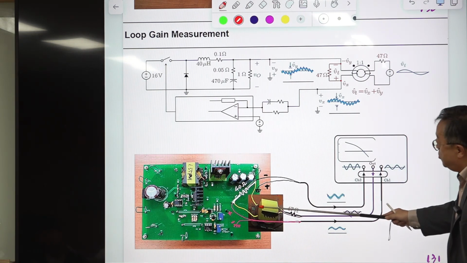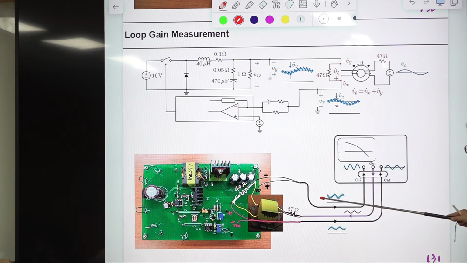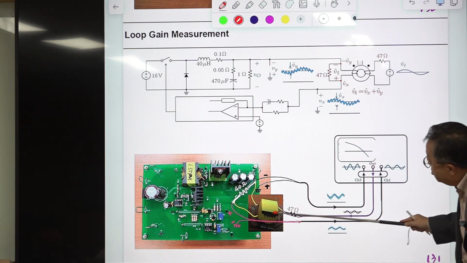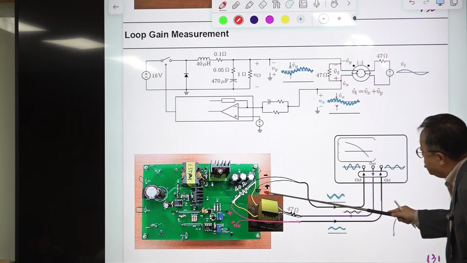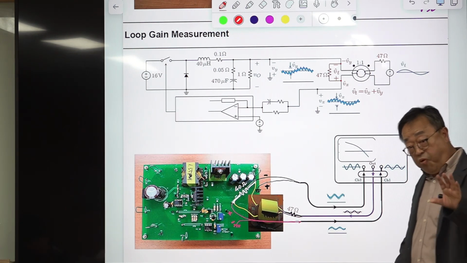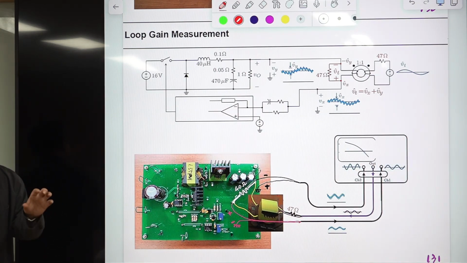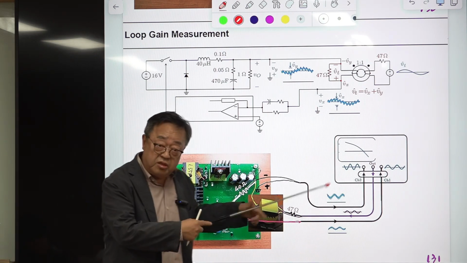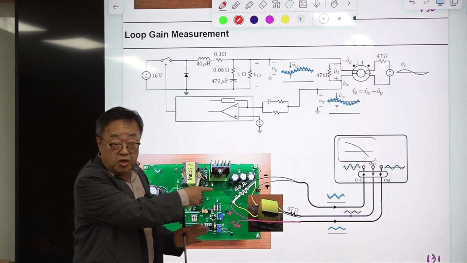This one was good, and I used this resistor to protect this equipment. Now this is plus minus, this is minus plus. So maybe you need to use a differential probe here, but the performance of a differential probe is usually inferior to the regular probe. So you can use a regular probe, then you need to adjust for an additional phase delay of 180 degrees because of the sign change of your measurement.